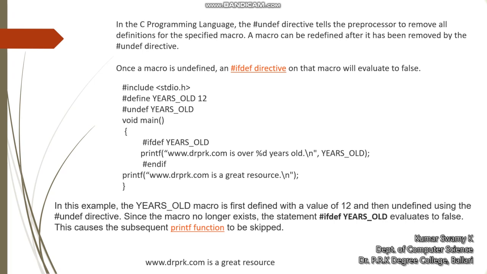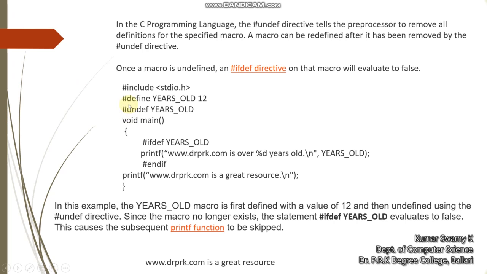A macro can be redefined after it has been removed by the #undef directive. So what this #undef directive does is remove definitions which were previously defined, and you can then redefine the macros. Let us look at this.